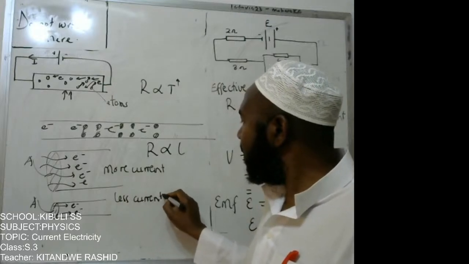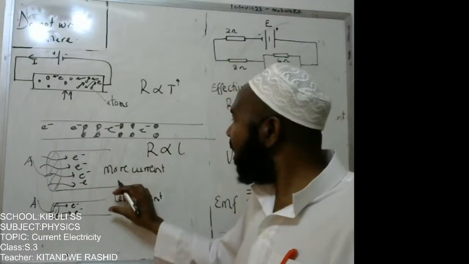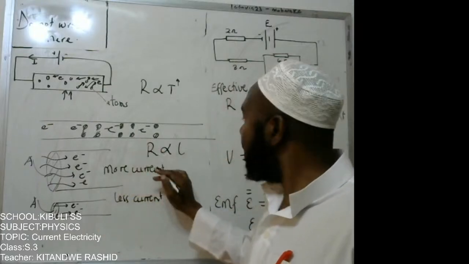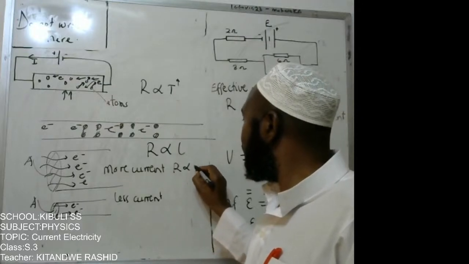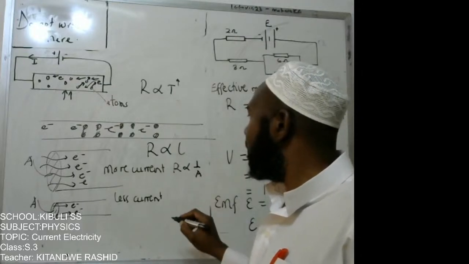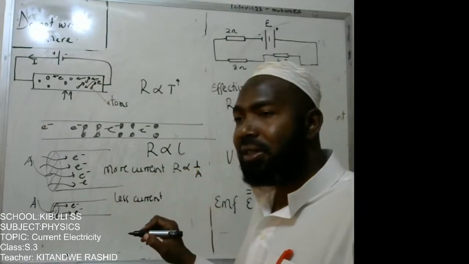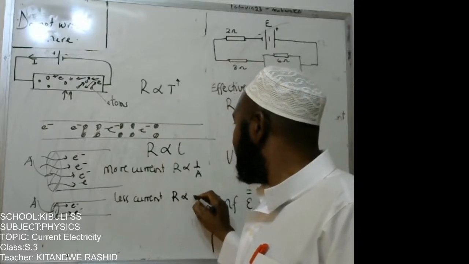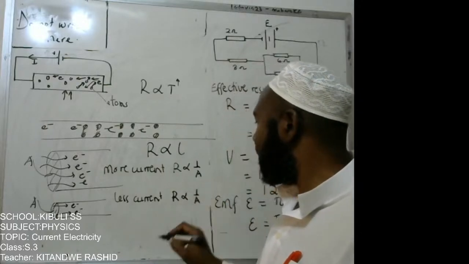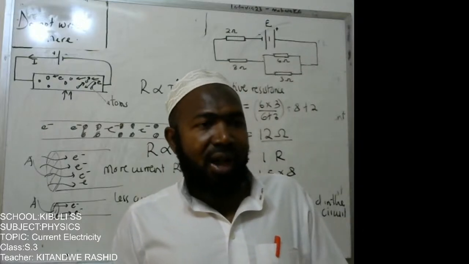That means current is resisted most in thin wires than in thick wires. Therefore, resistance is inversely proportional to area. The bigger the area, the smaller the resistance, and the smaller the area, the bigger the resistance. Okay, those are the major three factors.